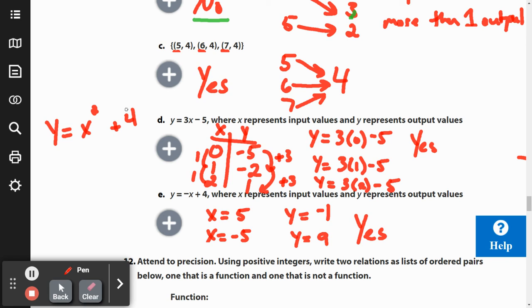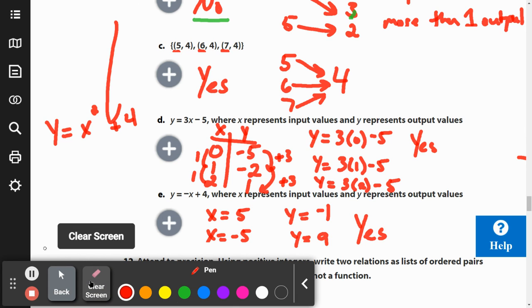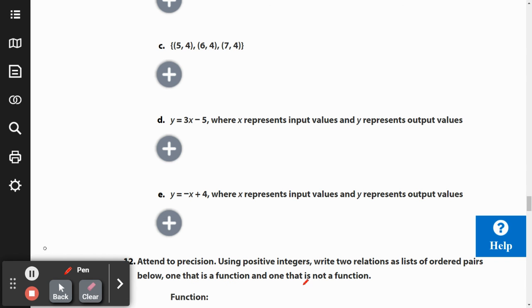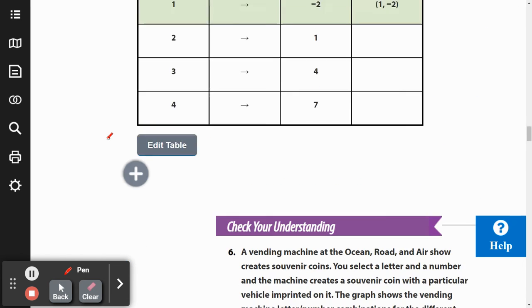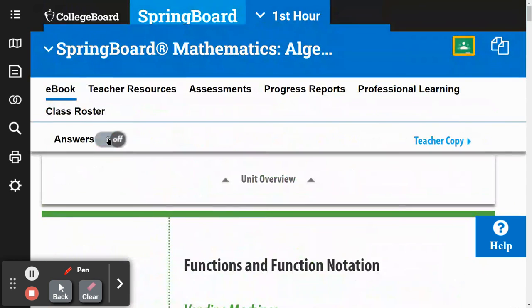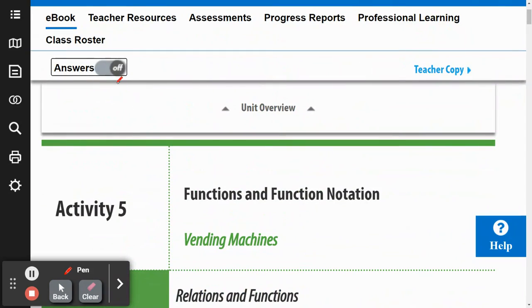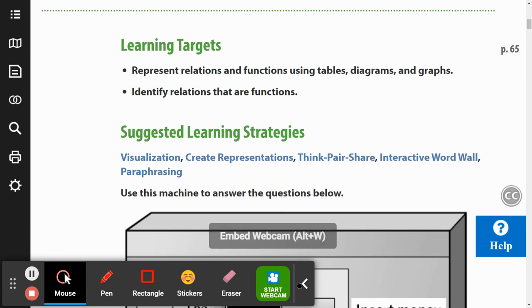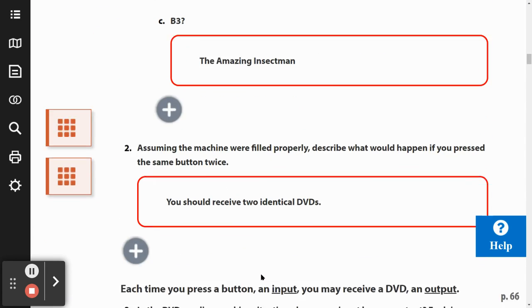I'm trying to think, with equations, when will you start getting that? Oh man, I haven't thought about that in a while, so I'll have to get back with you on that one. Sorry, I didn't mean to push that. But yes, this one is a function. With equations, you'll clearly start seeing whether it is a function or not.